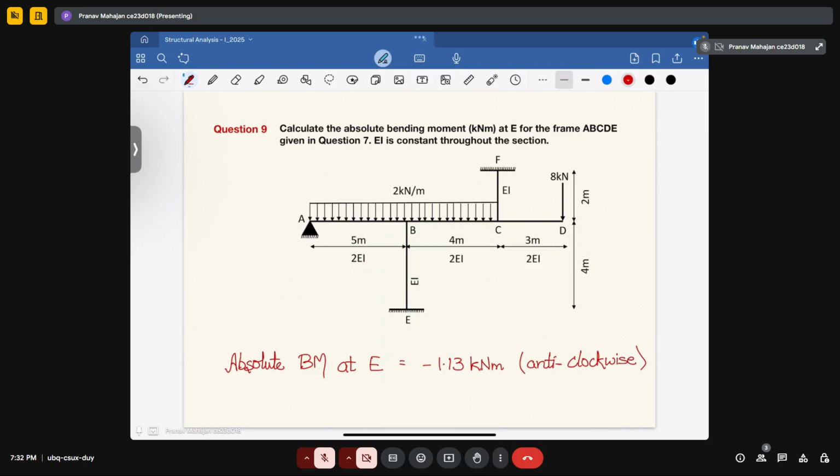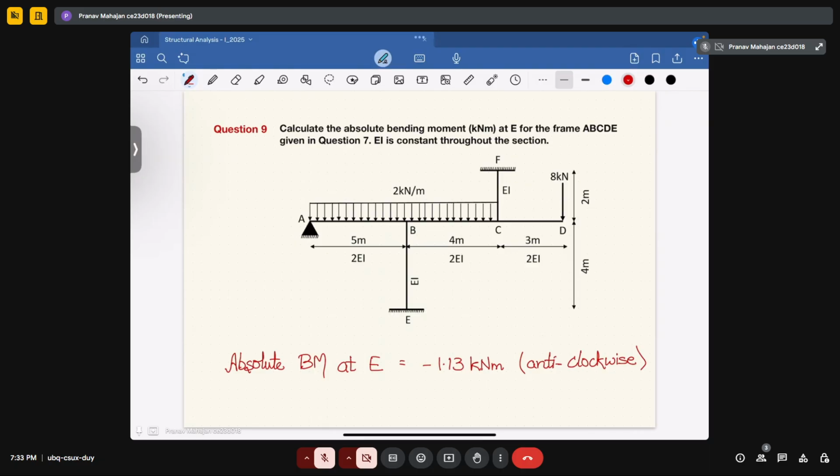Okay, so let's wrap up this session. Today what we have done, we started with analysis of indeterminate frames or continuous beams using the moment distribution method. The first step involved is to calculate the coefficients. So stiffness coefficients we have calculated depending upon the far end conditions at different joints.